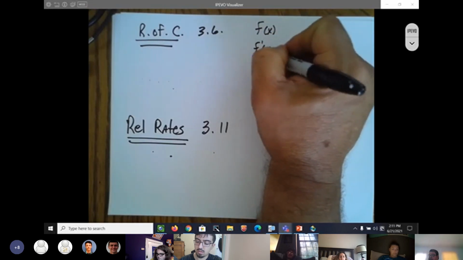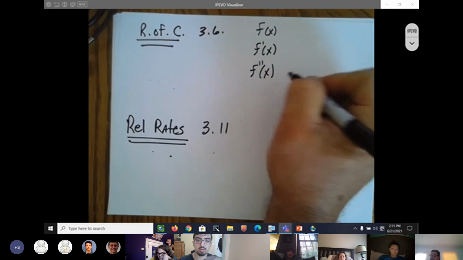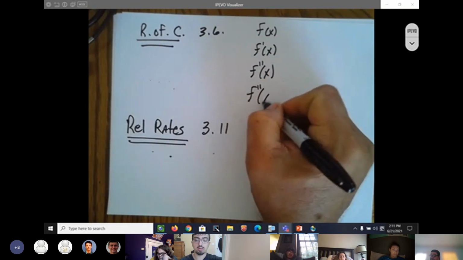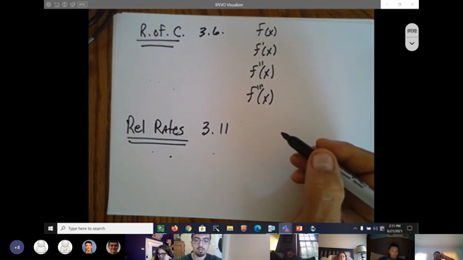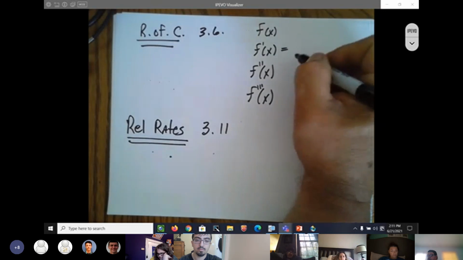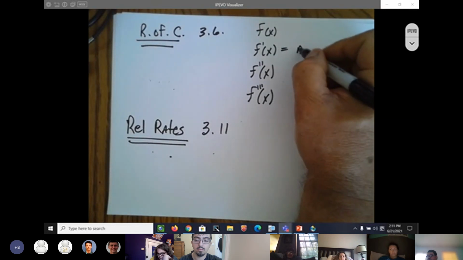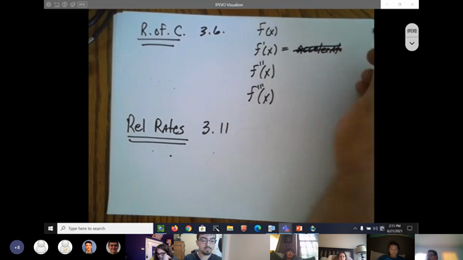Rate of change, we're talking about f of x, f prime of x, f double prime of x, f triple prime of x. First, second, and third derivative. First derivative is usually what? Velocity.